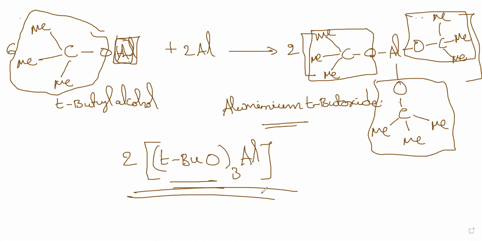Here aluminum is releasing the hydrogen, like what sodium does. Aluminum is a tripositive ion, so 3 things are coming and joining the aluminum. Clear? Okay, right. Now let's move on.